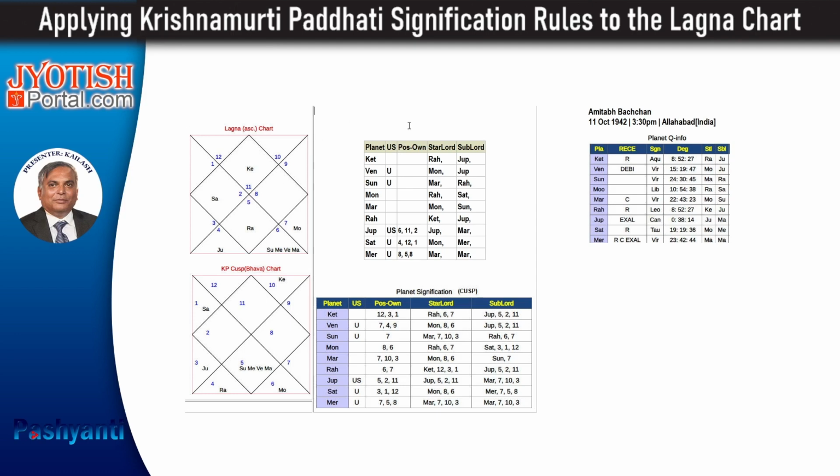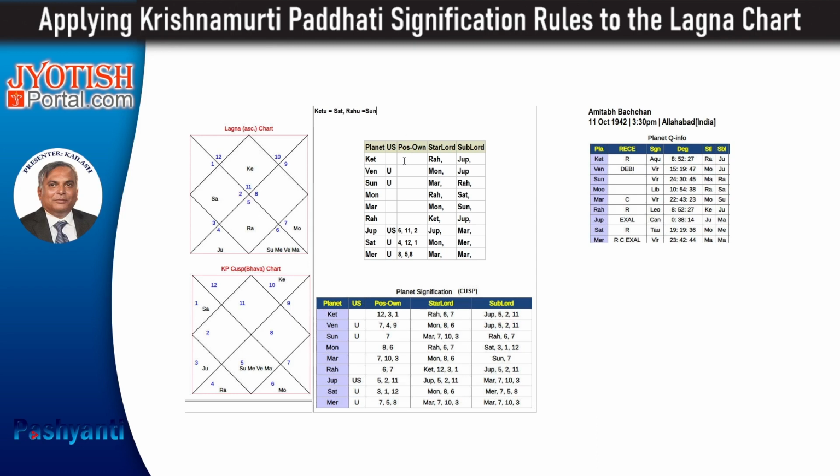First I will write what the nodes indicate. So Ketu is in Aquarius. See, we are going to focus only on the Lagna chart. So Ketu is in Aquarius, so we say Ketu is like Saturn, and Rahu is in Leo, so we say Rahu is like Sun.